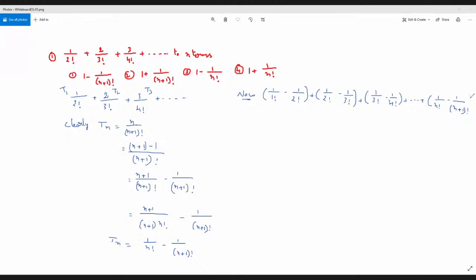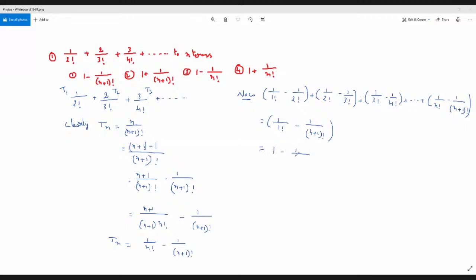It is the nth term. So here it is a positive term, one is positive, negative. Next positive term, negative term. Next term we get a positive. One is negative, positive, negative, positive, negative, positive. All are removed. We get 1 by 1 factorial minus 1 divided by n plus 1 factorial. Okay? Already we know that the value of 1 factorial is 1. 1 by 1 factorial means it is clearly 1.